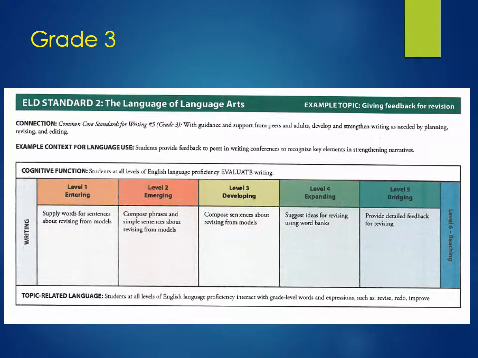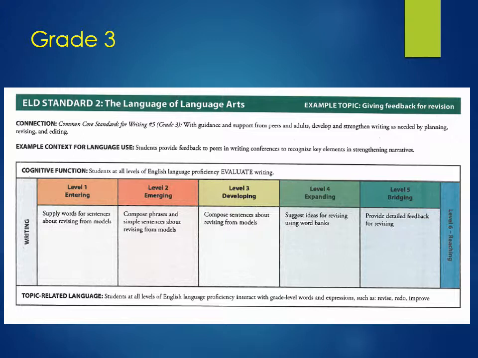So again, here is an example of a completed MPI chart. This is a grade 3 Common Core content for language arts. The standard for writing, okay, with guidance and support from peers and adults, develop and strengthen writing as needed by planning, revising, and editing, okay?